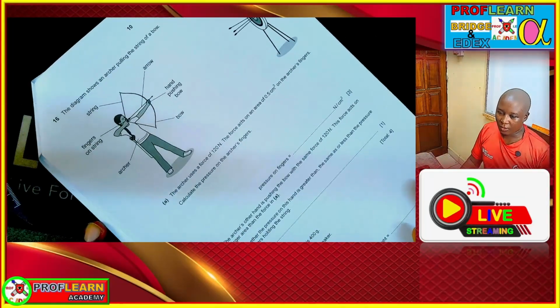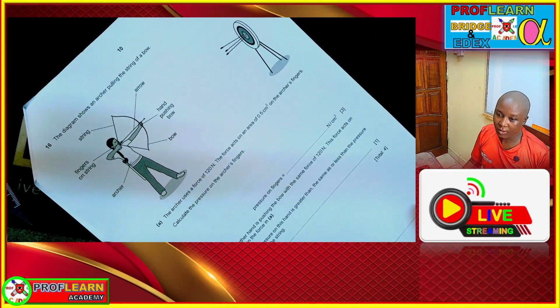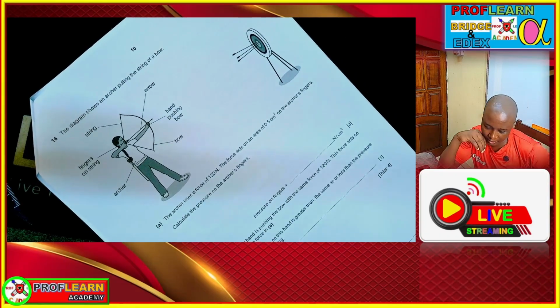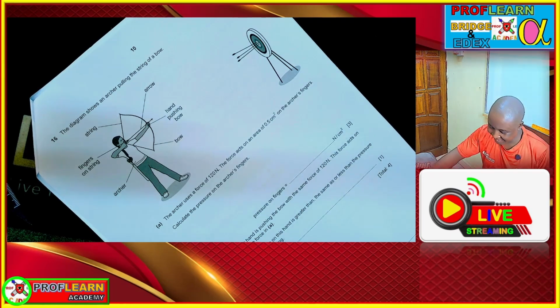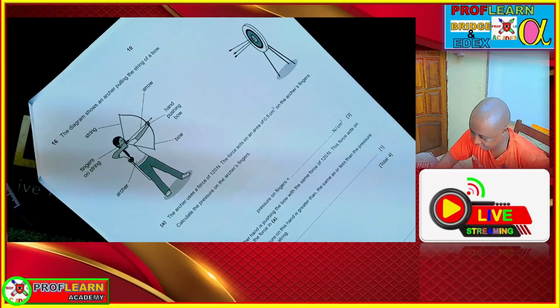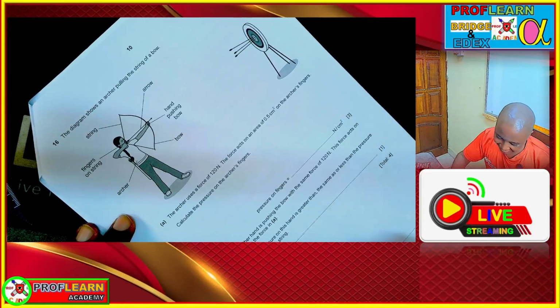All right, so we also have a question here that says the diagram shows an archer pulling a string of a bow like that. Calculate the pressure.